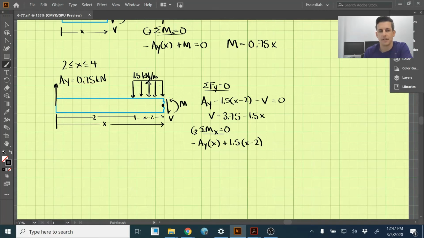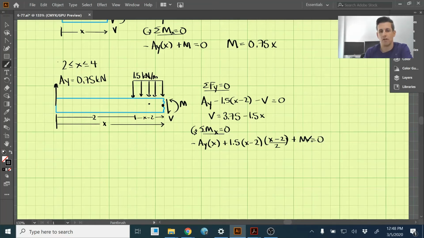And the distance that this distributed load acts away is halfway, so that's x minus 2, divided by 2. And then we also have our moment, M, here at the end, and set that equal to 0.